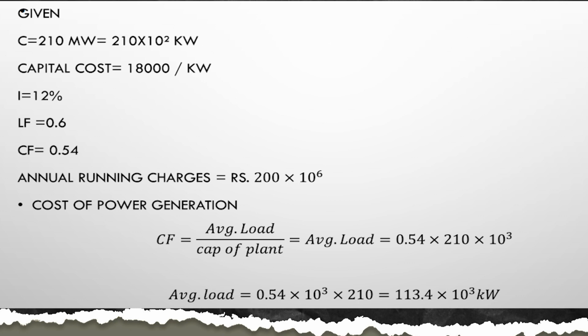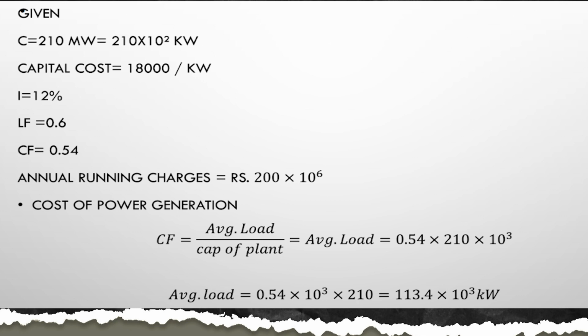Energy consumed by the power plant auxiliaries, the auxiliary consumption, is equal to 6%, that is, I can write 0.06.